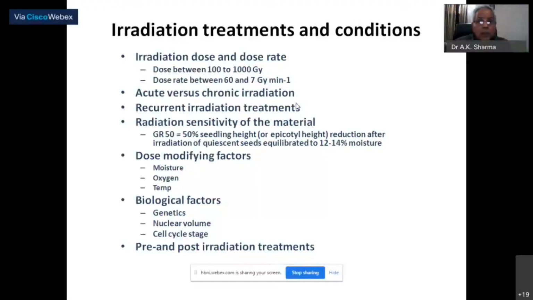Now, treatments and conditions, irradiation dose and dose rate. Normally, all higher organisms, plants and even animals, are very susceptible to radiation. Many plant materials or seeds don't stand very high doses.